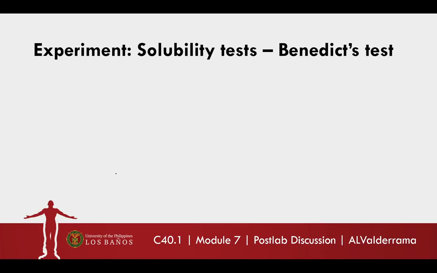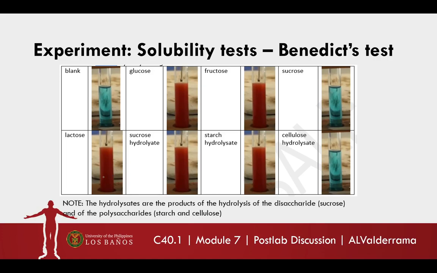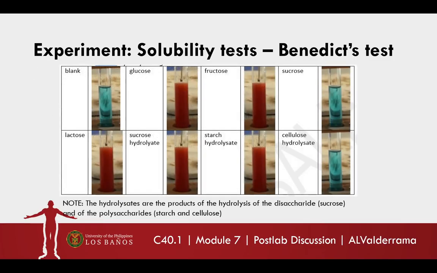Then, lastly, we have our Benedict's test. So, ang Benedict's test ay test for reducing sugar. So, what happens here is, from blue, nagiiba yung kulay nila. So, nagiiba kulay yan kapag meron kang reducing sugar present in your solution.